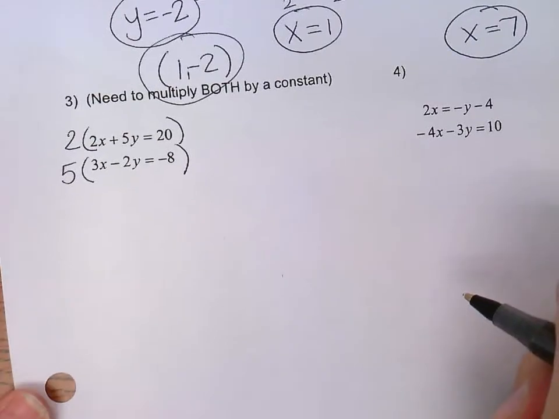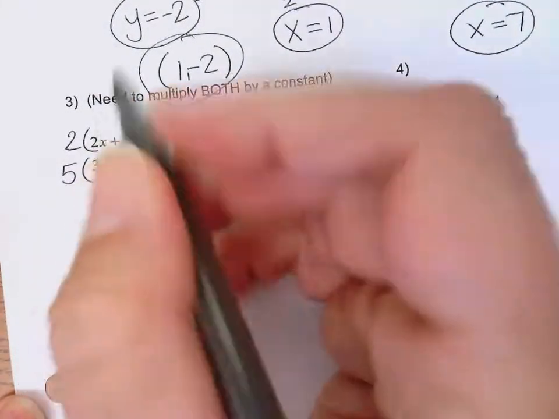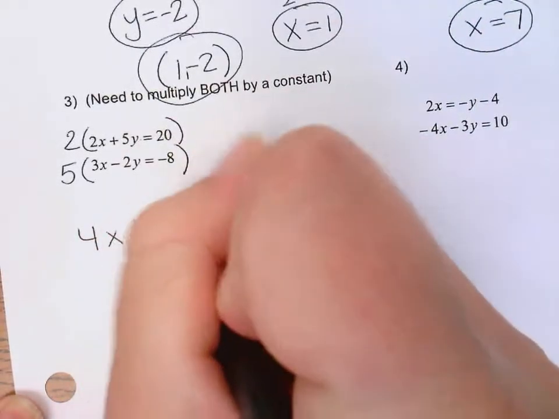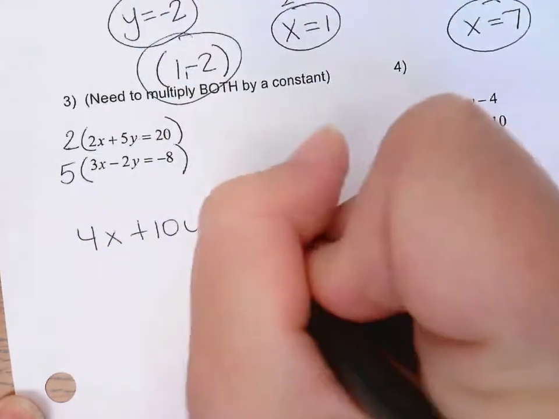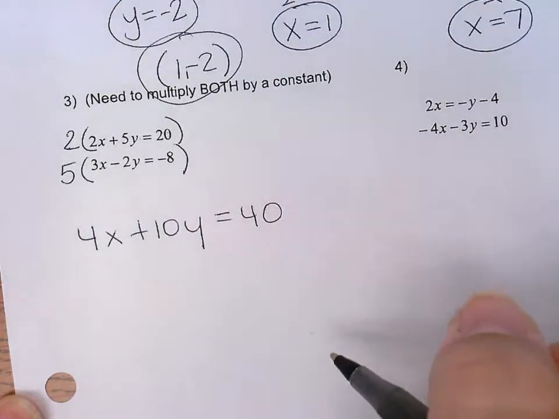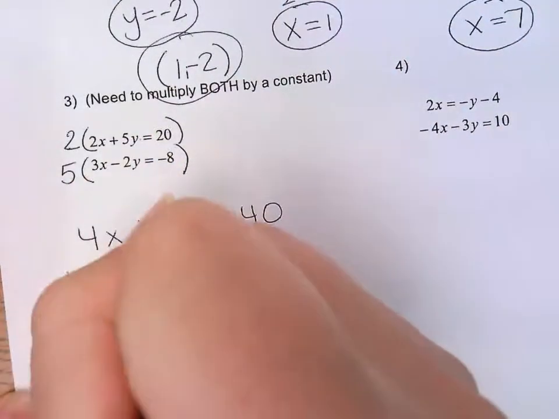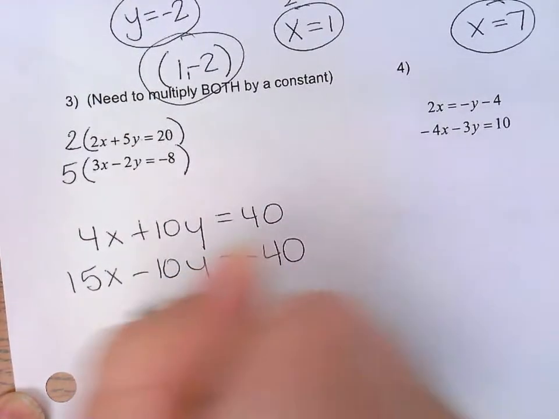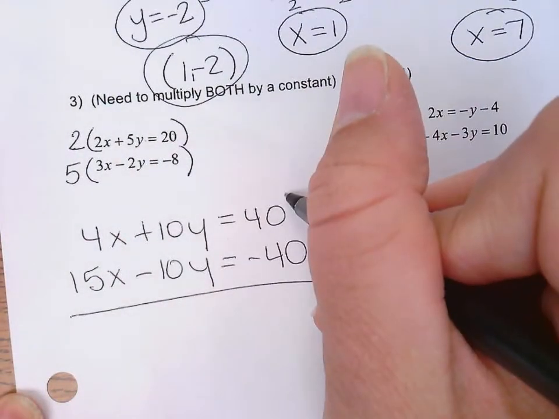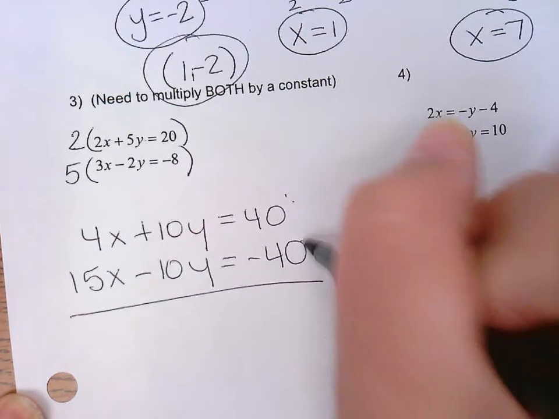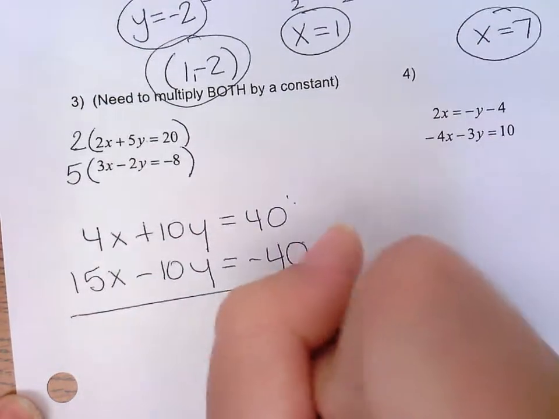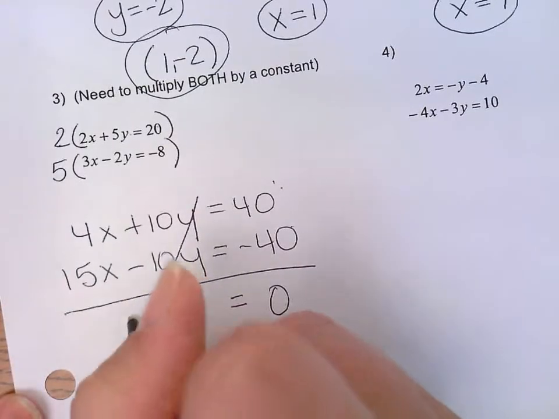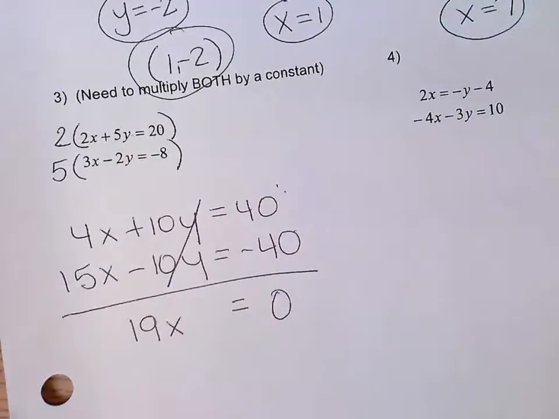So my equation is going to be 2 times 2x is 4x, 2 times 5y is 10y, 2 times 20 is 40. My bottom equation will be 15x minus 10y equals -40. 40 minus 40 is 0. 10y minus 10y is 0, and I get 19x on this side.